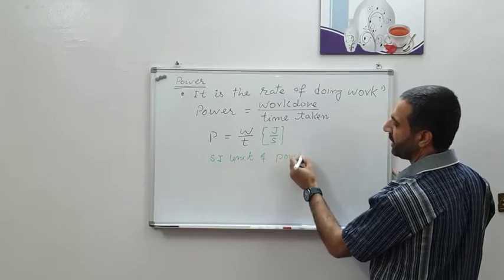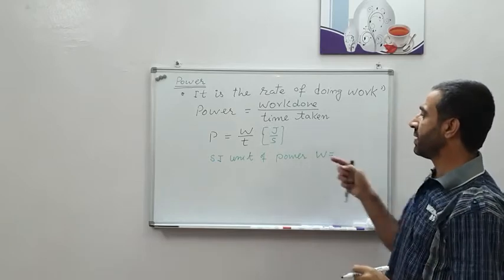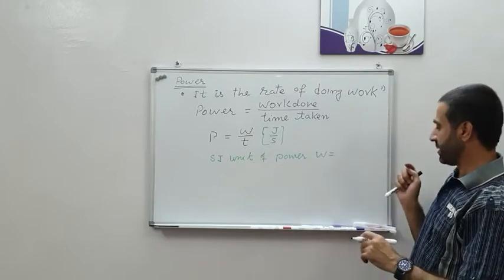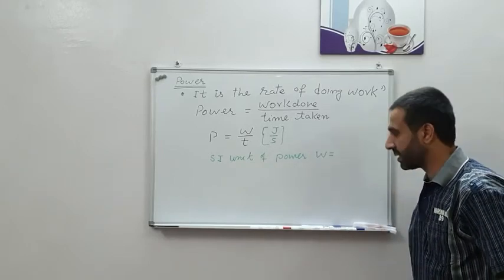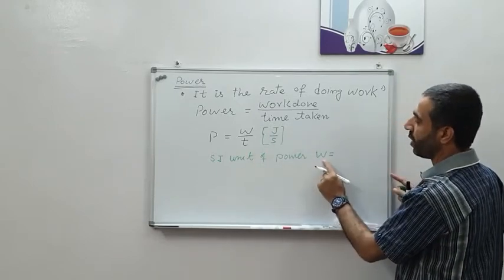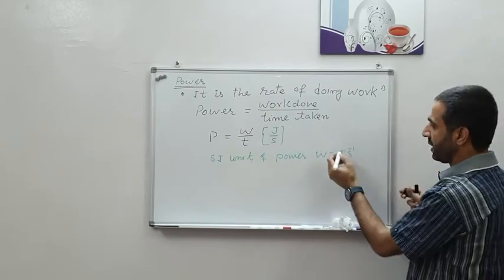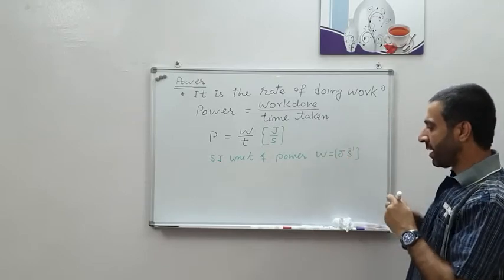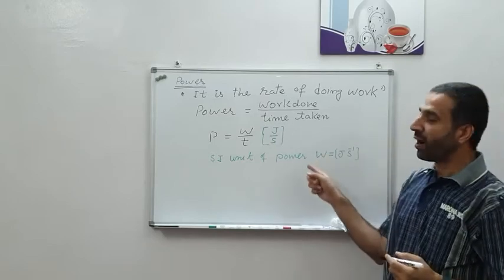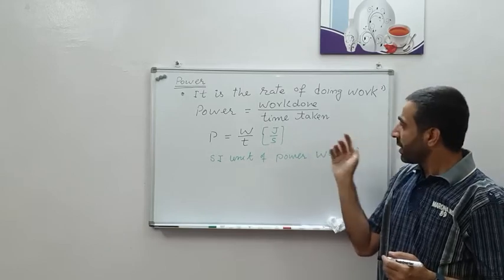That is what we call watt. So 1 W represents the unit of power, which is watt, and 1 watt is equal to 1 joule per second, right? What does this mean? The power of a machine will be 1 watt if it converts 1 joule of energy in 1 second.